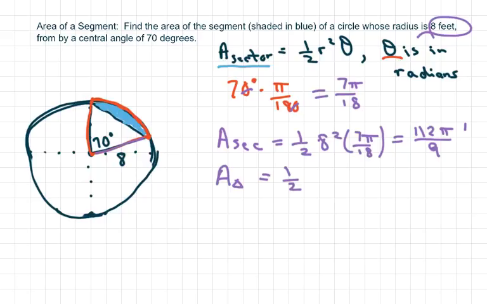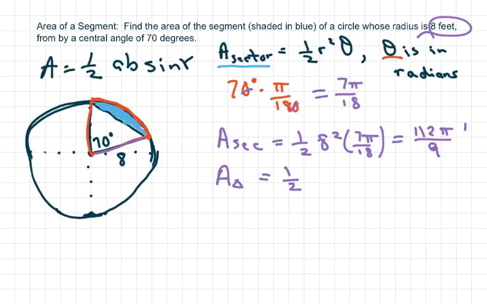When you're doing the area of a non-right triangle, you use one of these formulas like A equals 1/2 ab sine of gamma.